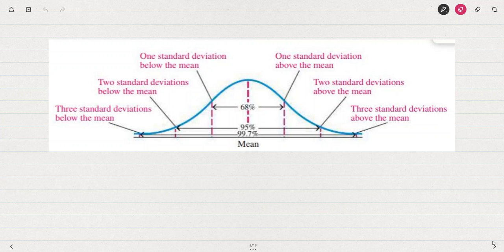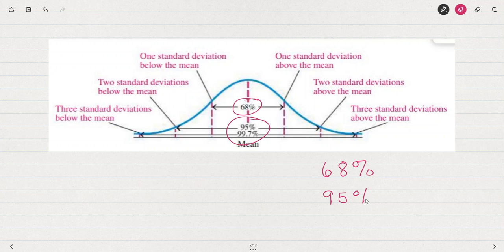It is important to start with that you understand the empirical rule, and the empirical rule for a normal distribution gives us these percentages as estimates that approximately 68% of the data that is on a normal distribution falls within or between this one standard deviation below and above the mean.